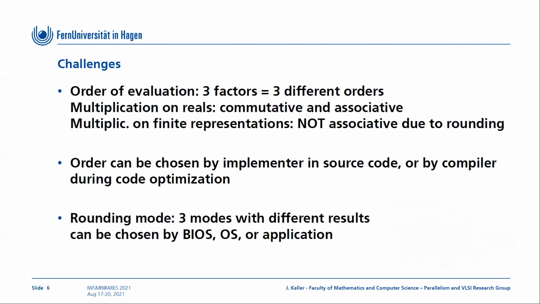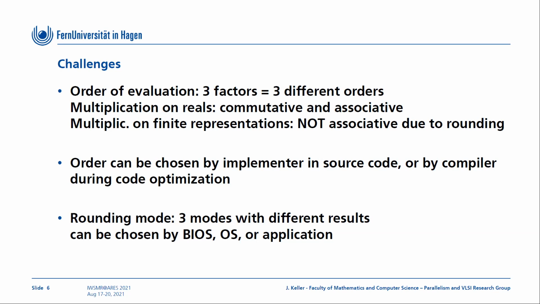When we implement this function, we have several challenges, and we start with the order of evaluation. Evaluating the logistic map requires 2 multiplications, so we have 3 factors, and this means that we can have 3 different orders. On the reals, this does not matter, because the reals are commutative and associative.